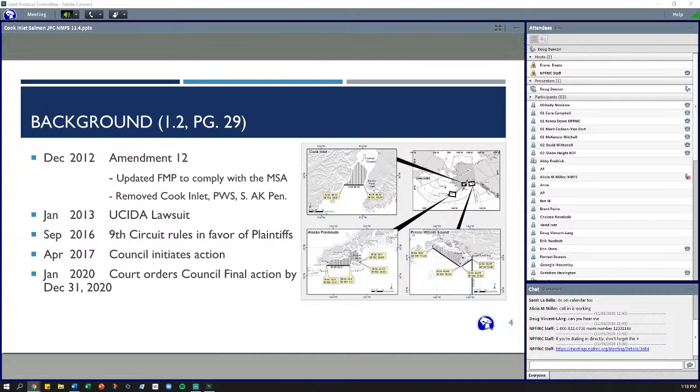In 2013, there was a lawsuit challenging this treatment of the traditional net fishing areas brought by the United Cook Inlet Drift Gillnet Association. And after several years in appeals, in 2016, the Ninth Circuit Court ruled in favor of the plaintiffs, holding that these areas needed to be included in the federal Salmon FMP with all appropriate conservation and management measures.